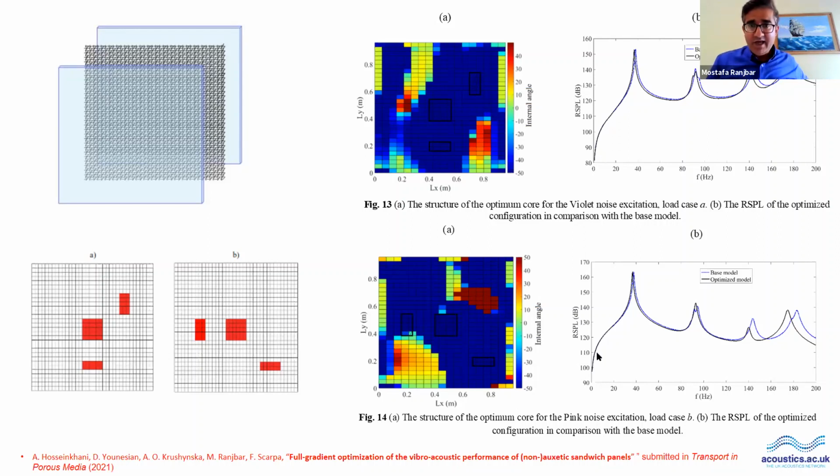The areas near blue are auxetic areas, and the areas which are red are classical areas. Here we have a combination of auxetic and non-auxetic structure together, so that we can achieve a very good noise reduction performance for the structure.